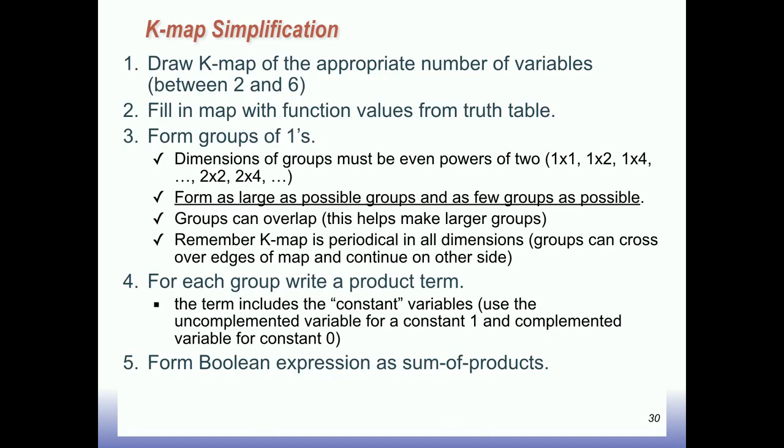Okay, and then for each group, write a product term. The term includes the constant variables, right? The variables that don't change when we move to all the 1s in that group. And then use the uncomplemented variable for a constant 1 and the complemented variable for the constant 0. Right? And then you form the Boolean expression as sum of products. So this gives us a way to directly write the minimized, simplified sum of products form.